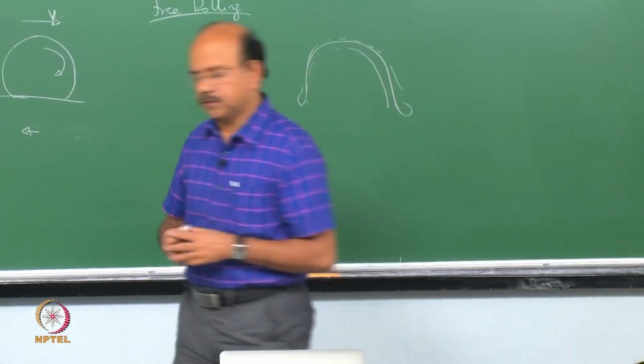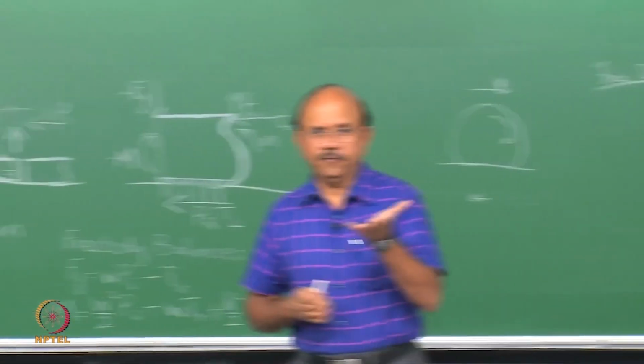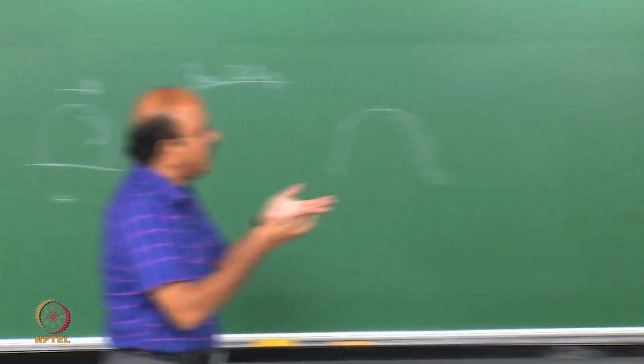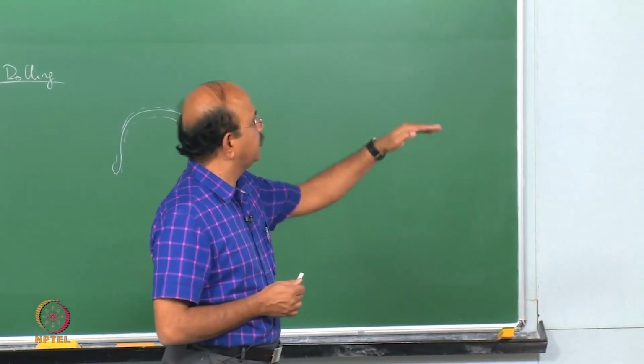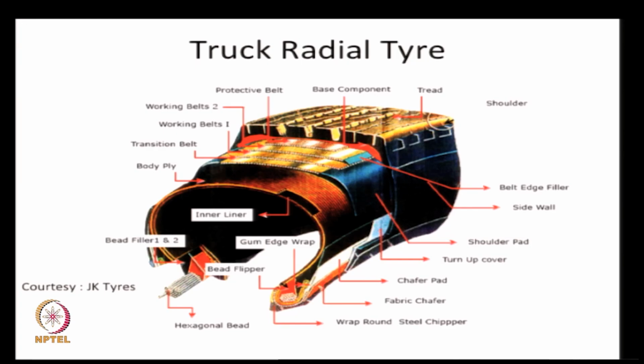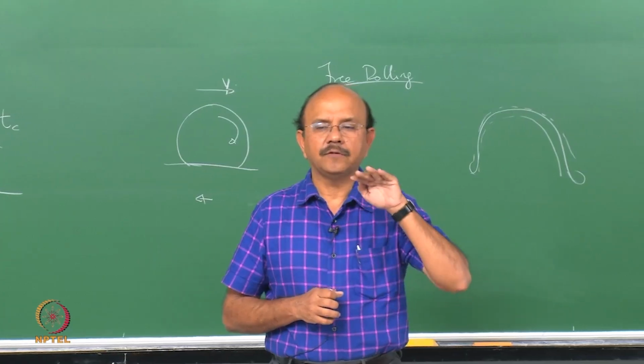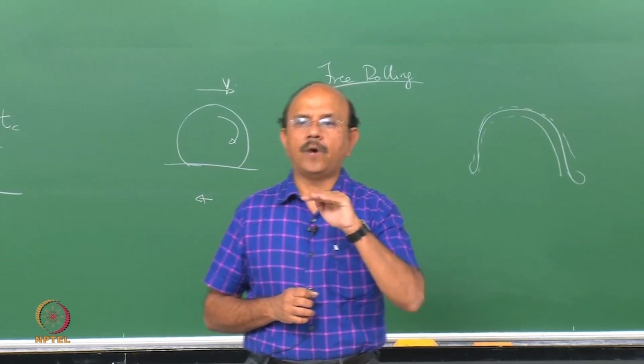They are steel belts. They give the stability for the tread, and you can see that there is not only one belt, there are a number of belts. There is a transition belt, two working belts, and then a protective belt. These belts have steel wires running.